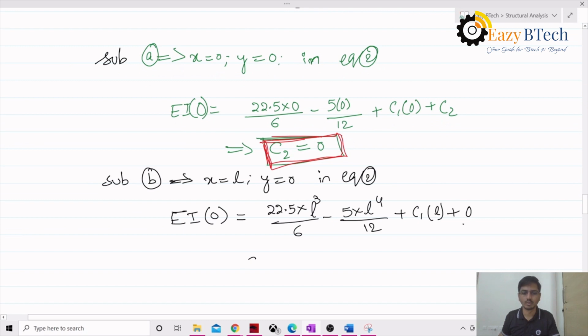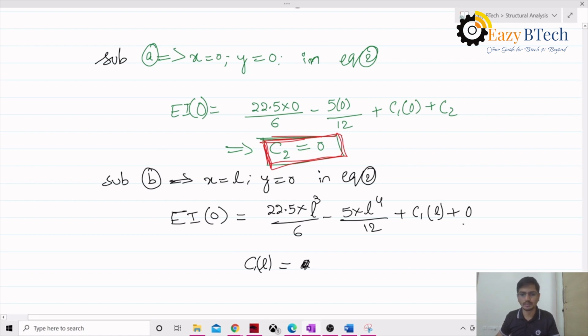Simplifying this, C1 L equal to, so we need to take this out.